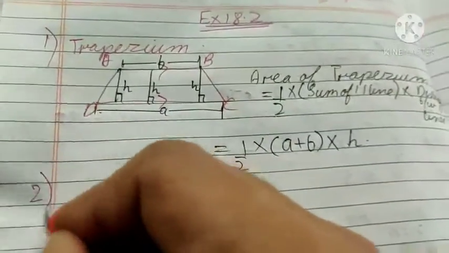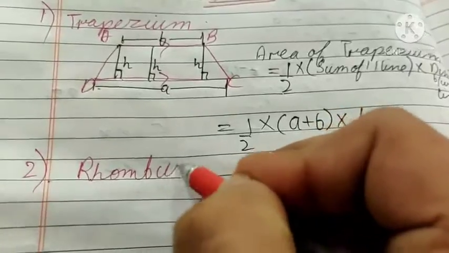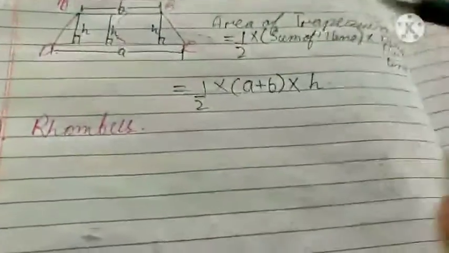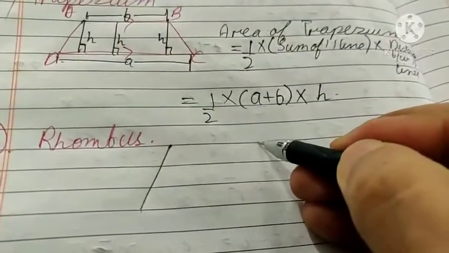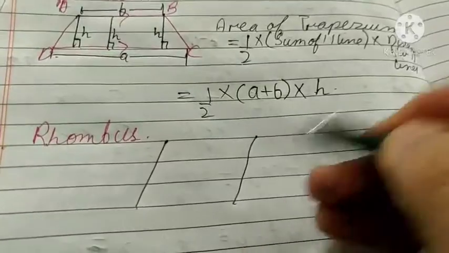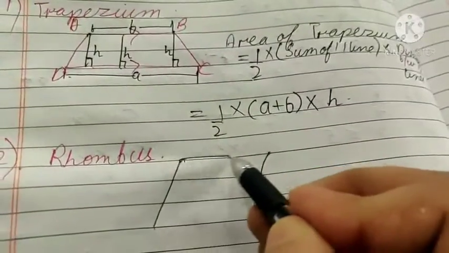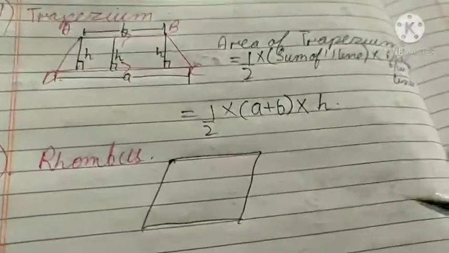So our second thing here is rhombus. How is the figure of a rhombus? Rhombus is somewhat like a parallelogram, means like when a rectangle is a bit tilted, it becomes a parallelogram, and when a square is a bit tilted, it becomes a rhombus.